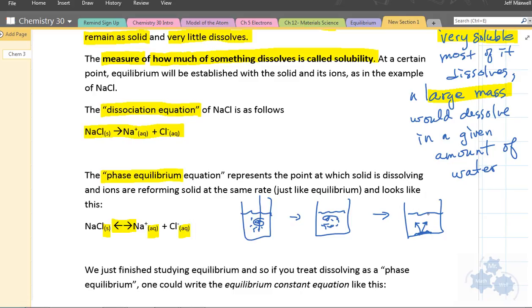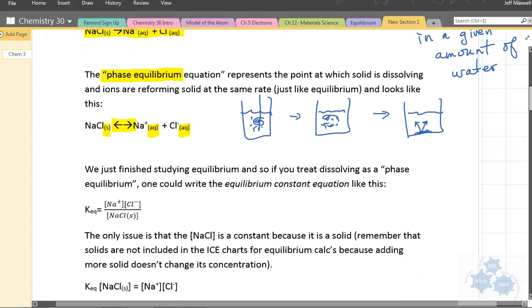Solid becoming aqueous ions, becoming solid. You get that? Just like equilibrium, except it's not a chemical reaction forward and a chemical reaction backwards. It's just solid dissolving, ions forming solid. Slight difference there. Phase equilibrium.